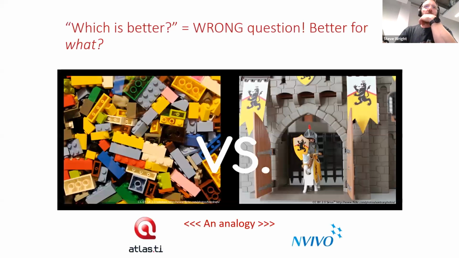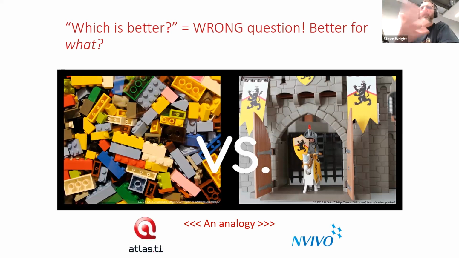So how do you make a choice? The question I'm always asked is, well, which is best? It took me a long time to find an analogy. I don't know how many of you have kids, but for Atlas TI versus NVivo, this seemed to work. Atlas TI is a lot like Lego, and NVivo is a lot like Playmobil.